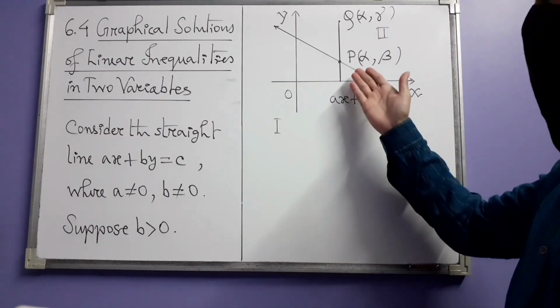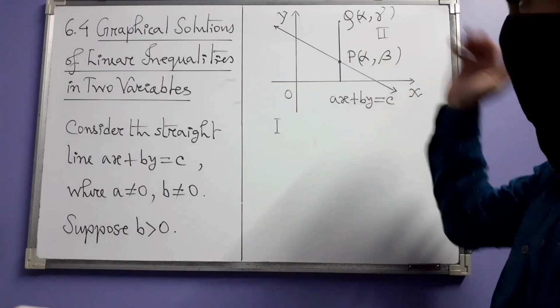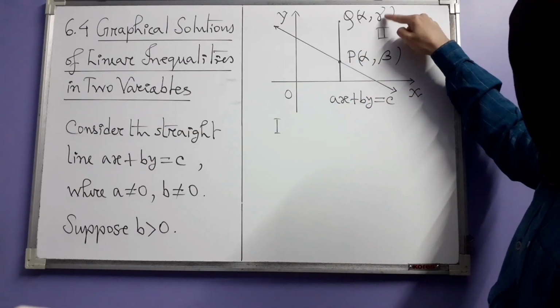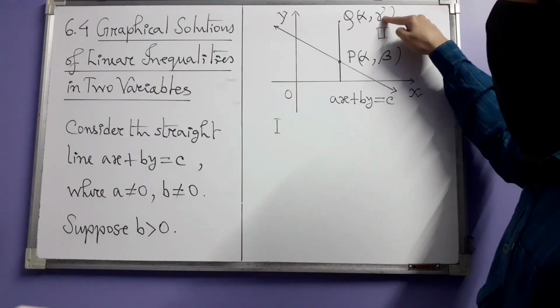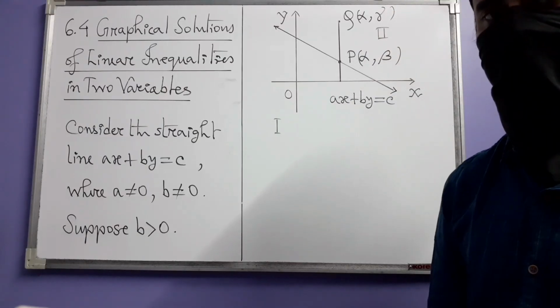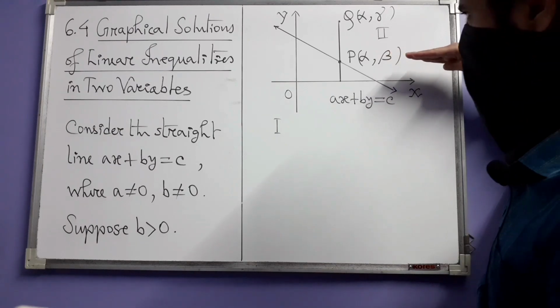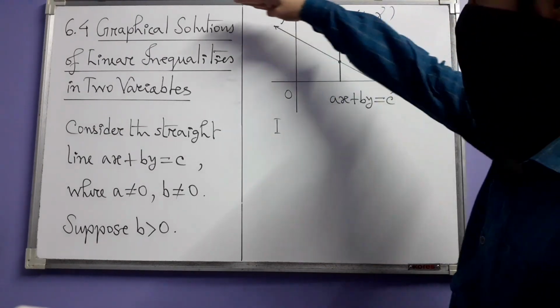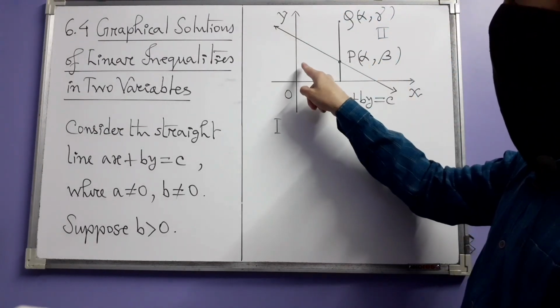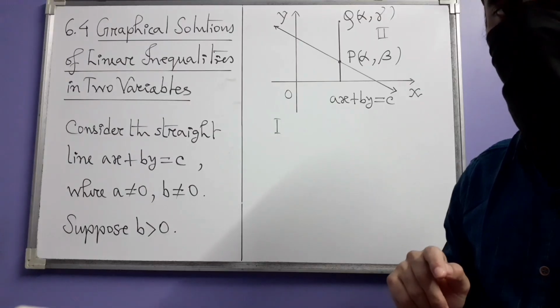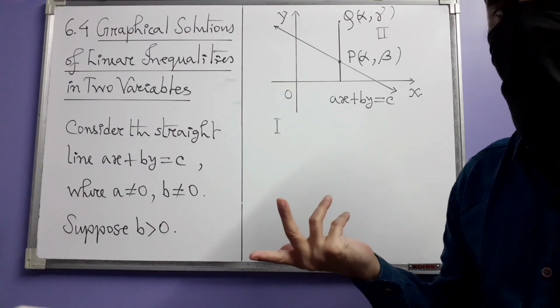Now you of course see from this figure itself that the y coordinate of Q, that is gamma, is greater than beta. Why? Because if you draw horizontal lines, one passing through P and one passing through Q, those horizontal lines will intersect the y-axis at what numbers?